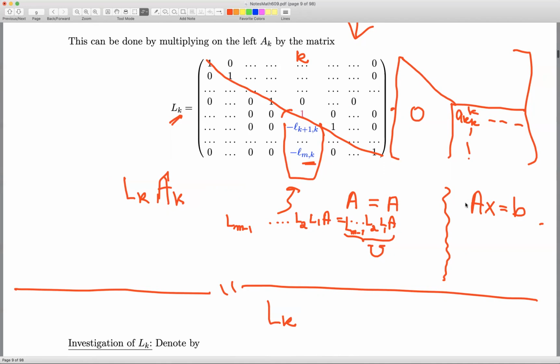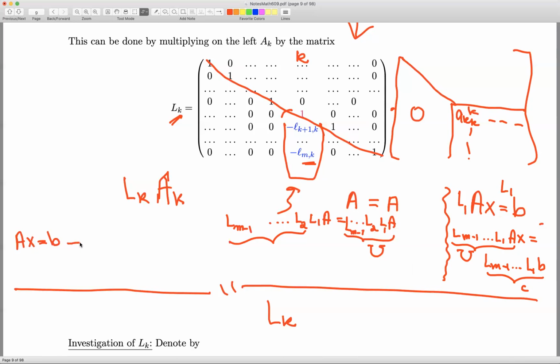If we multiply, so we continuously here multiply by L1, both sides of the system, then we multiply the same as we did here, then we multiply by L2 and so on, and at the end we will have L(m-1) and so on up to L1 multiplied by Ax will be equal to L(m-1) and so on multiplied by L1 times B. So this will be some new vector, which will be C, and this here will be exactly the upper triangular matrix U. So using Gauss elimination, every system Ax is equal to B can be rewritten in the form Ux is equal to C, where U is an upper triangular matrix.